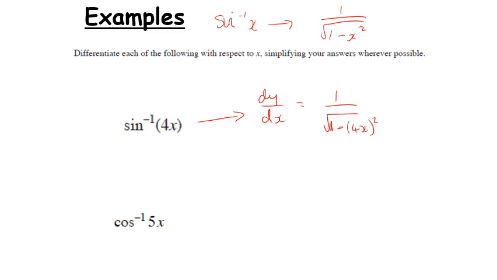So it starts off looking like this, 1 over the square root of 1 minus 4x squared. And then using the chain rule, I also need to differentiate the 4x. So if I differentiate that, I get 4. So my final answer will be 4 over the square root of 1 minus 4x squared.